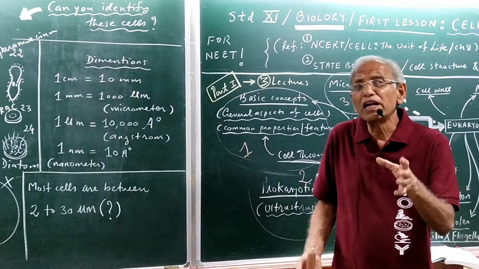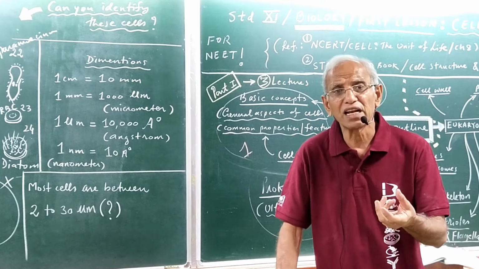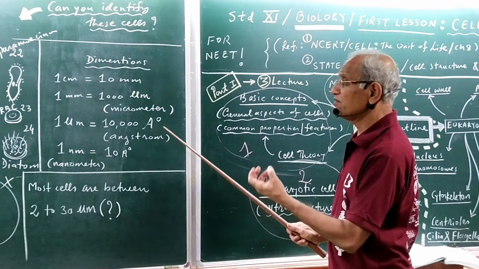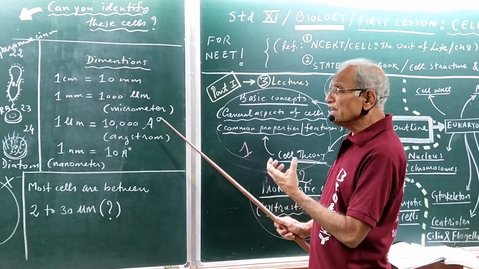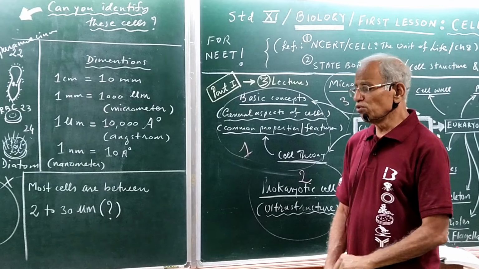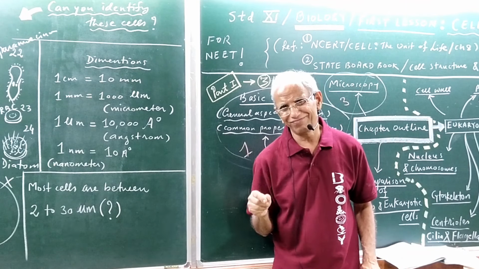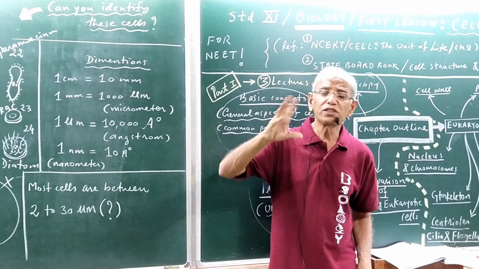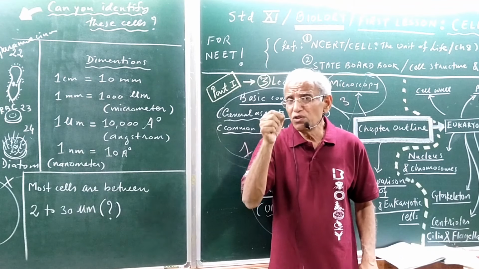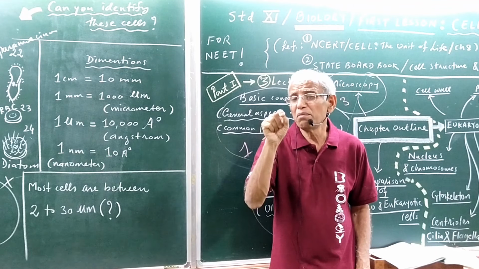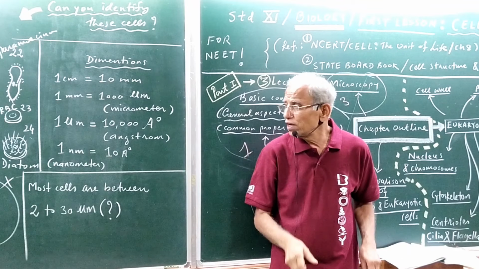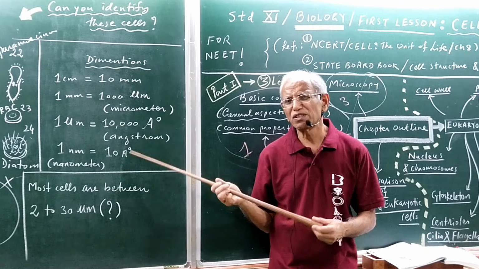Many of the bond lengths between two atoms are usually considered in the form of angstroms. Yes, when you start thinking of the thickness of the cell membrane, cells may be suppose 10 micron, fine. But when you think of the cell membrane or the membrane of the nucleus, usually you will use the word angstrom because they are very tiny.